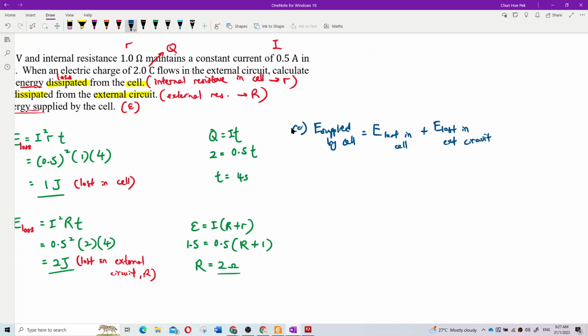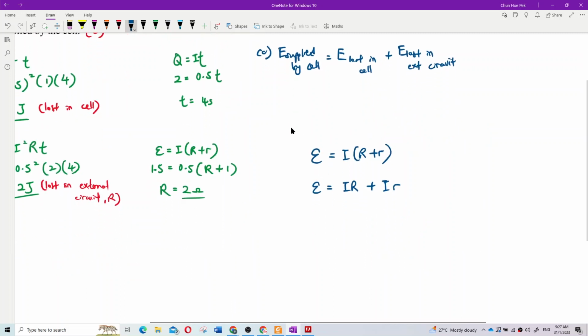So class, you look at it like this. EMF is IR plus Ir, right, class? Right, sir. E equals IR plus Ir, right? So if you multiply the current on both sides, it becomes EI equals I square R plus I square r.